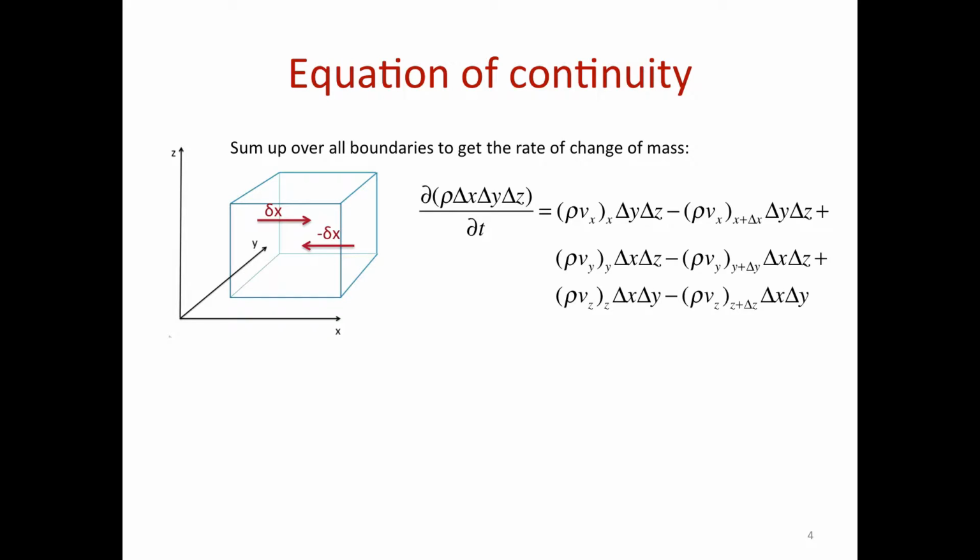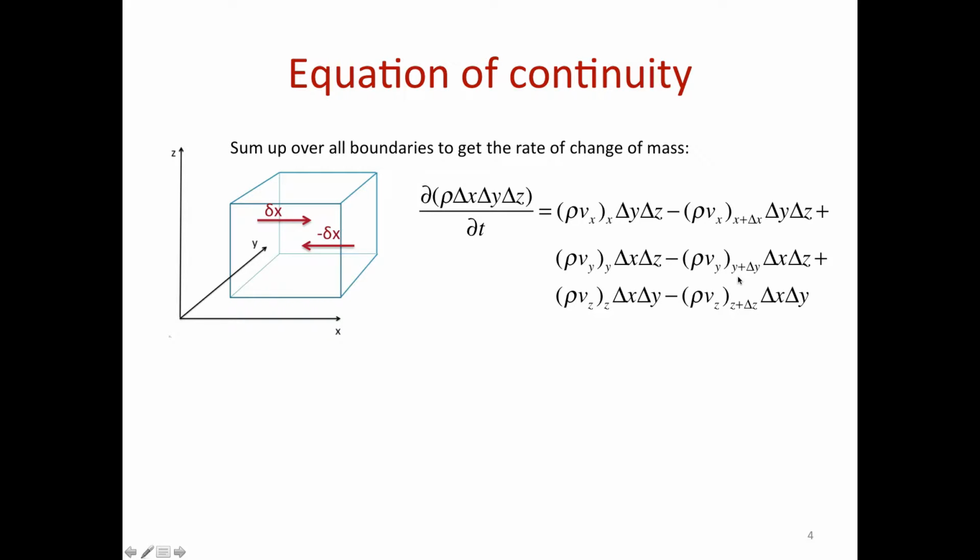So when I pile up all of the contributions on the 6 sides of this volume, I will get that the change in time of mass, which is density times the volume, is equal to rho vx evaluated at x, that's right here, times the area of that side, which is delta y delta z, minus rho vx evaluated at x plus delta x times delta y delta z, okay?